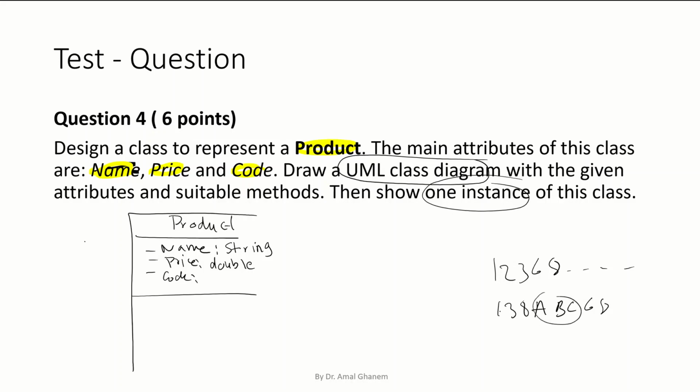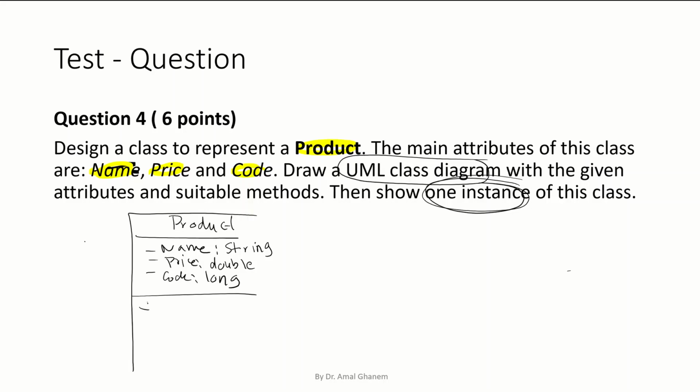Because I have characters, then I will have to define it as a string. It's totally up to us. We can have it as long or a string. But once we go and specify the instance, we have to do the matching of the data type. So we will have it as long. And then when it comes to the instance, we will just give a long number.